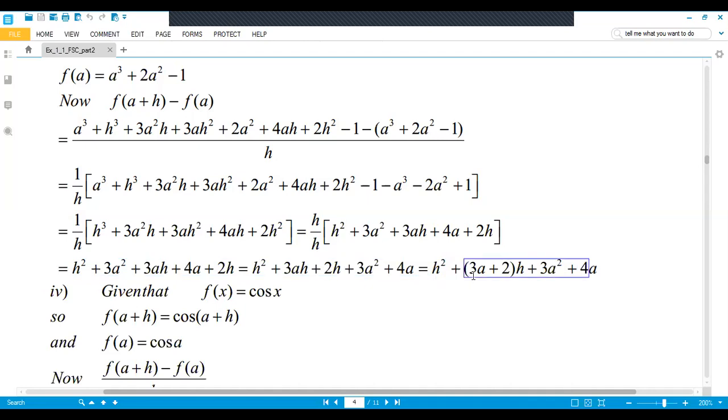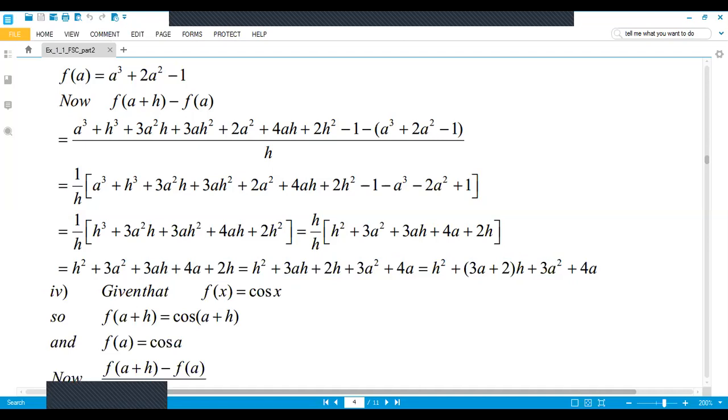So you can take it like this, h square plus 3a plus 2 into h plus 3a square plus 4a. If you write your answer up to this part, your question will be considered correct up to this. If you write your answer, it will be again considered correct. But if you simplify it more, you can simplify.